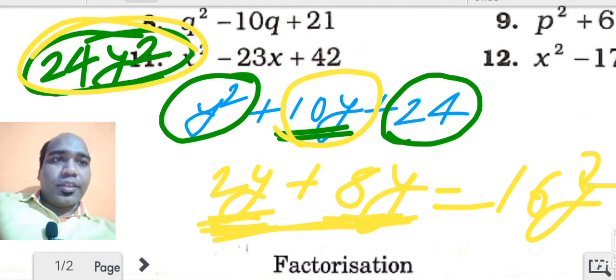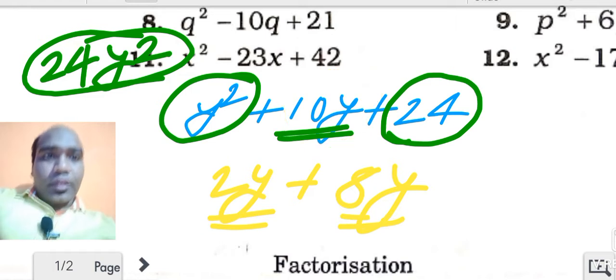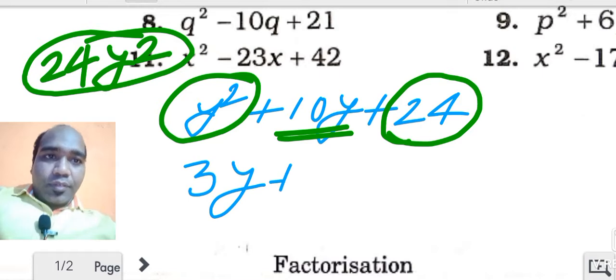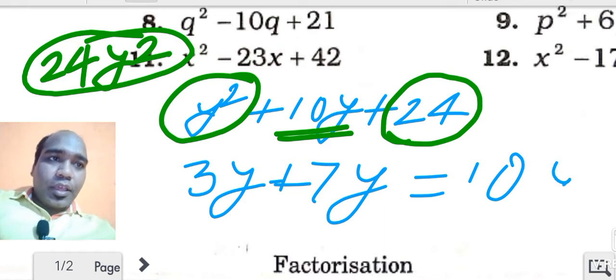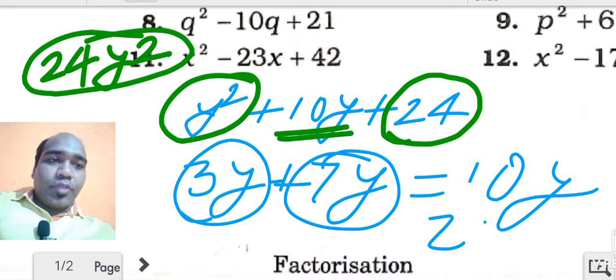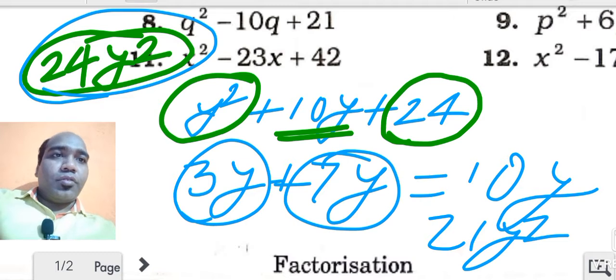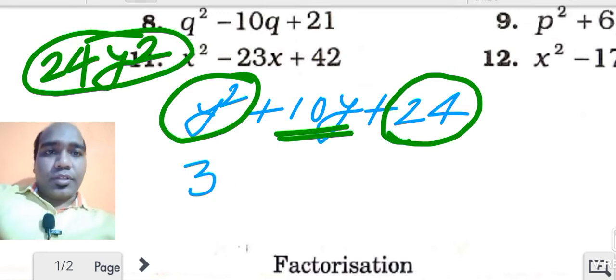Now if we see 3y plus 7y, that also gives 10y. But if we multiply 3y and 7y, we get 21y square, which is not equal to your 24y square. So we cannot proceed in this way also.